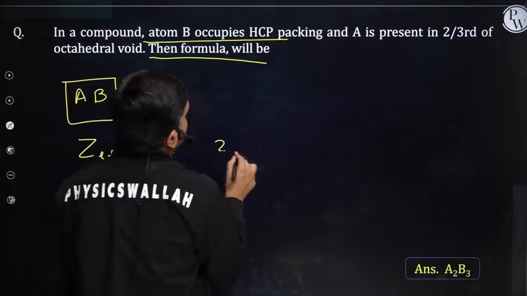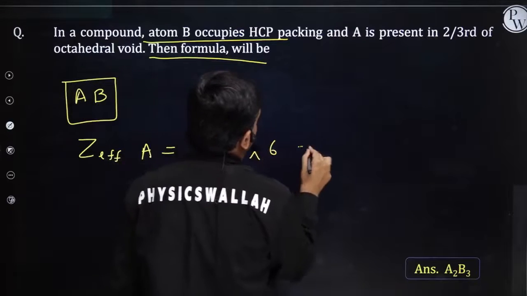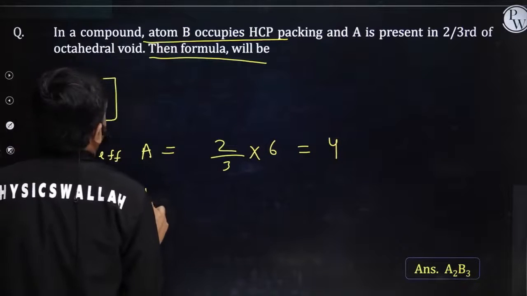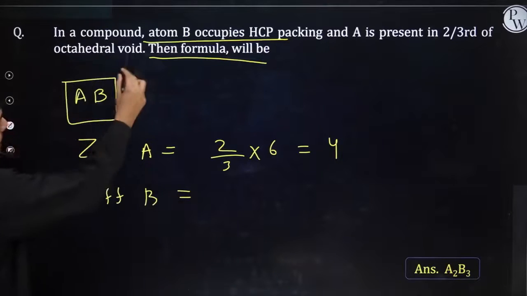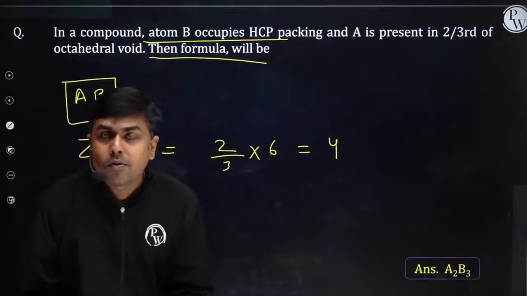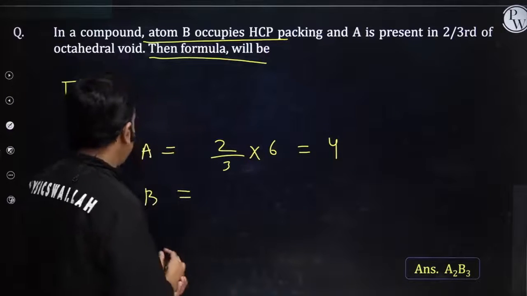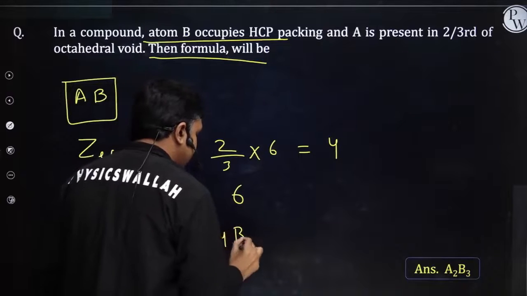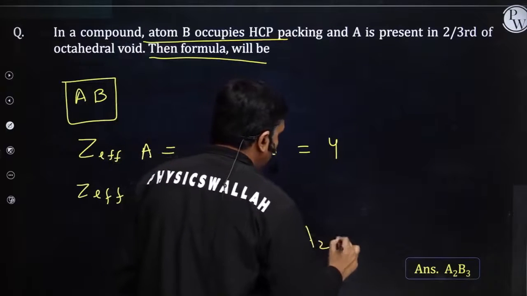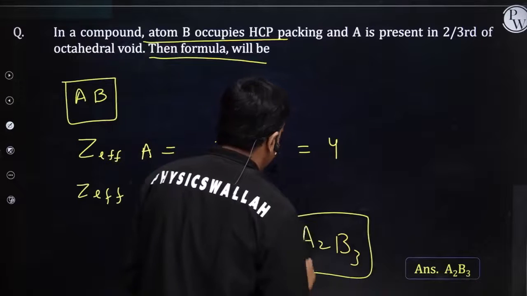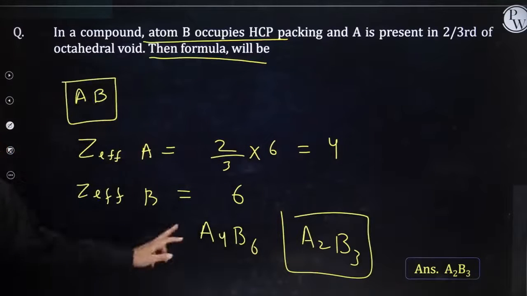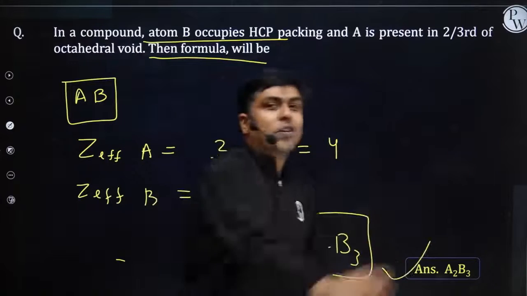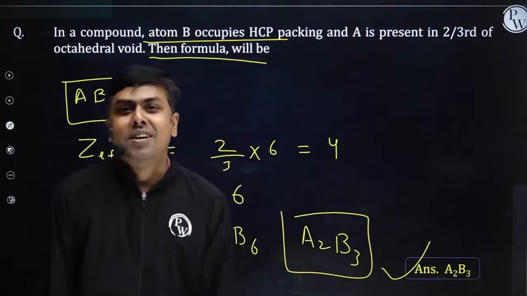So 2 by 3 into 6 is 4. Z effective of B: atom B occupies HCP. Z effective for HCP is 6, so Z effective for B is 6. Formula: A4B6, which is going to be A2B3. Am I clear, student? Taking 2 common, 4 divided by 2 and 6 divided by 2. So A2B3 is the right answer. Let's move ahead.